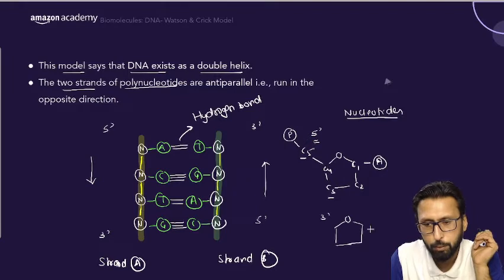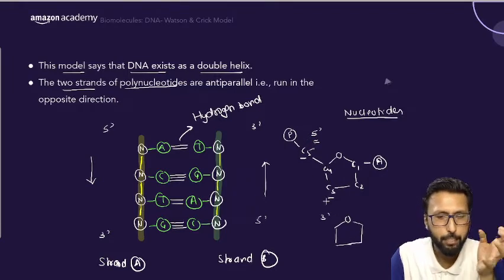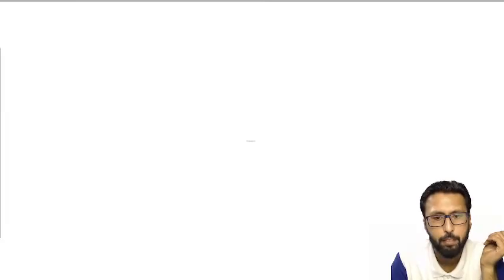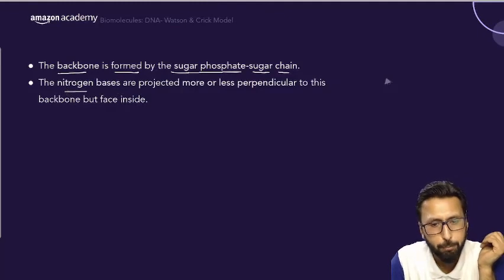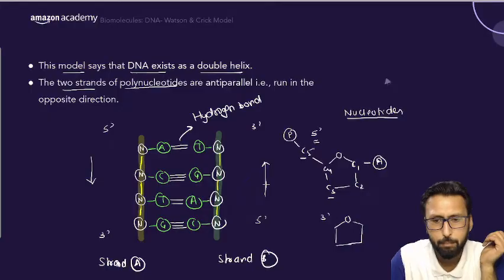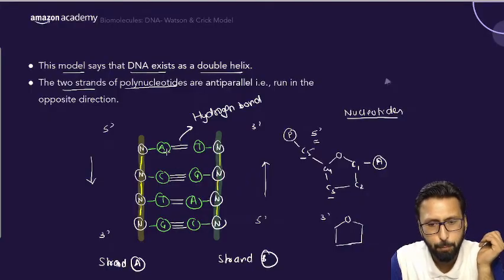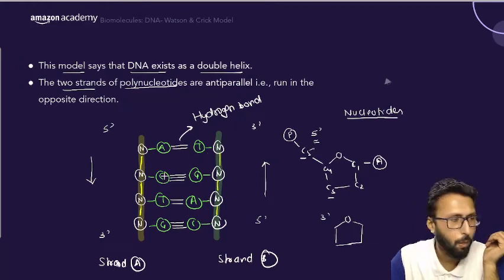This forms the backbone of the DNA. The nitrogen bases are projected more or less perpendicular to the backbone, but they are facing inside. This we have seen. They are perpendicular to the sugar-phosphate-sugar backbone, and they form double bonds or triple bonds with the complementary bases.